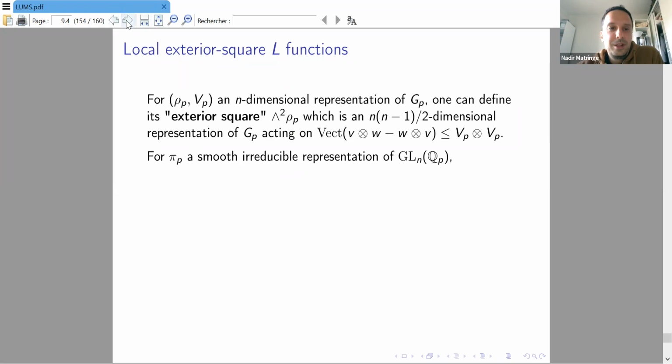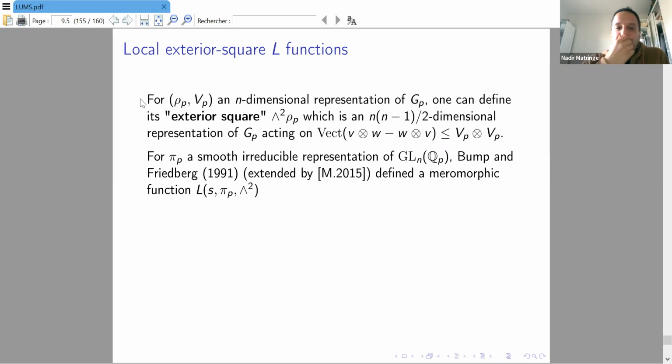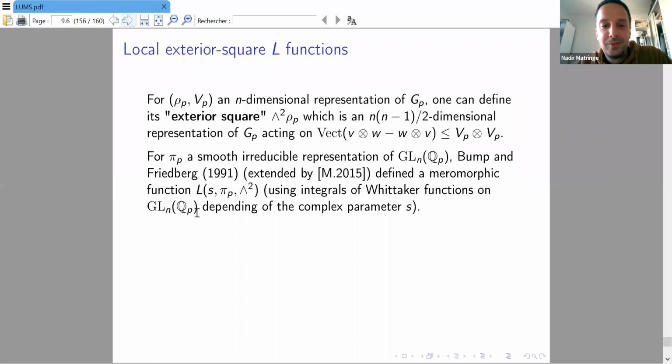You take such a representation, and a while ago in the 1990s, the mathematicians Bump and Friedberg, whose work I extended somehow, attached a local L function to the representation pi_p. Again, I will skip the details, but they attach it by a method which is called the Rankin-Selberg method.